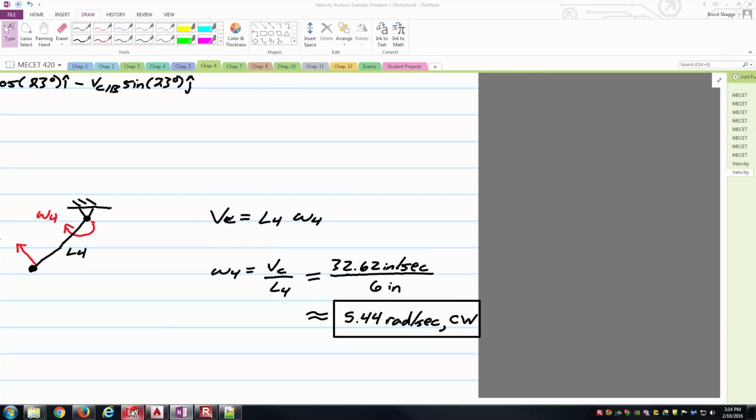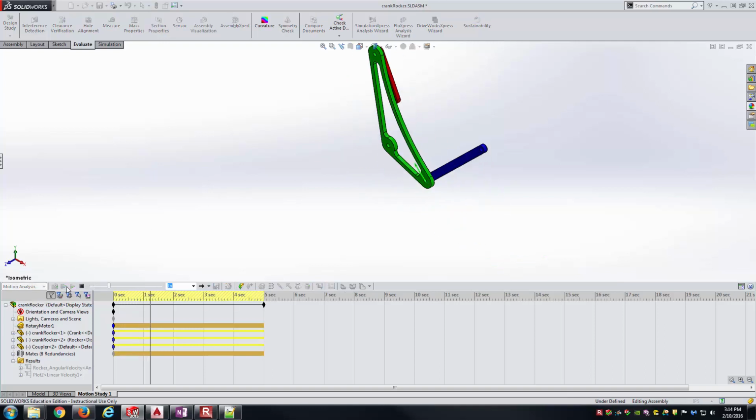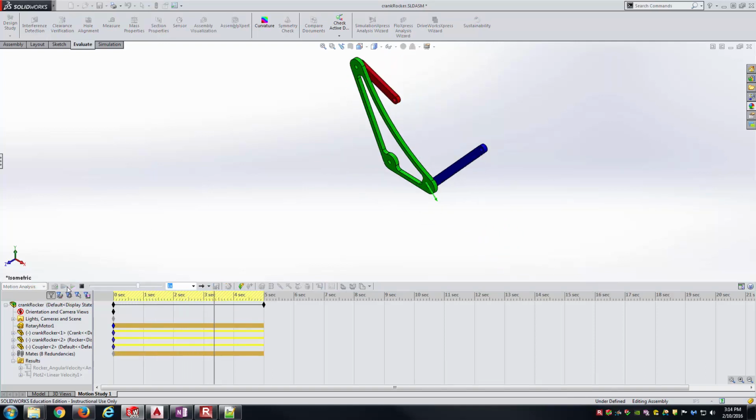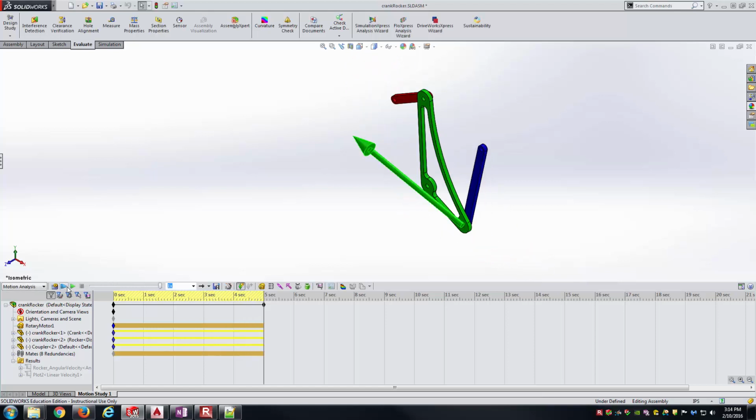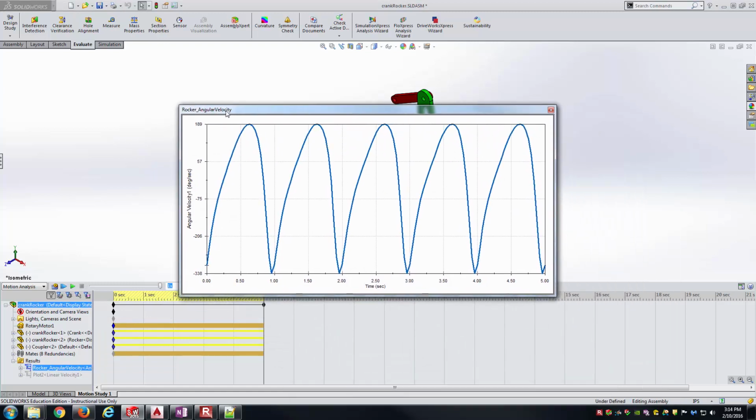Just to show us a little bit more, here is the same mechanism. I went ahead and ran it inside of SolidWorks. There's the motion of it. The vector you're seeing growing and shrinking there is the linear velocity of point C. Since we know that the angular velocity of the rocker, the blue link, should start off at roughly 311 degrees per second, here is the plot of that.